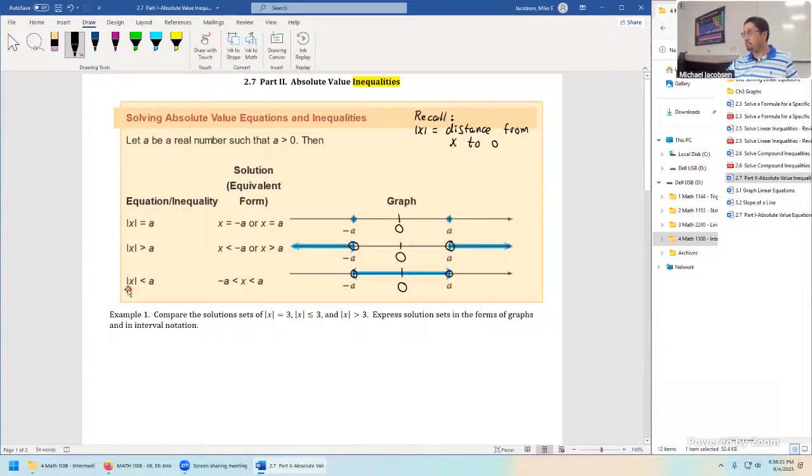So this is verbatim saying the distance from x to 0 on our number line is less than a. So 0 is less than a distance away from itself. That's why it's inside here. It's a solution. And everything small, small so that it doesn't go beyond a, is a solution. So that's why they're all constrained in this region, right where the red dot is.